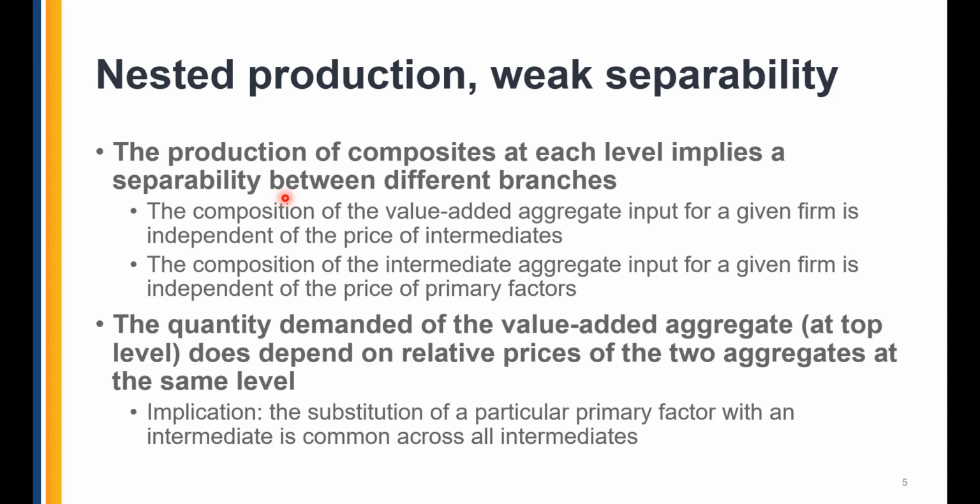But there's no such thing in this weak separability that we've set up where the mix of capital and labor in the value added aggregate is directly impacted by the price of fertilizer over in the intermediates, or the price of fuel in the intermediates.